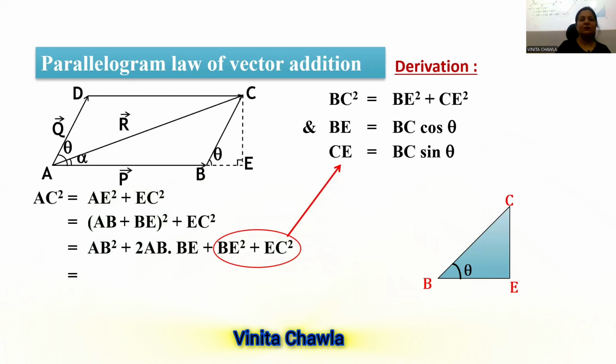Now we can further write this AC square as, in place of BE, BC cos theta, and in place of BE square plus EC square, we have written BC square.